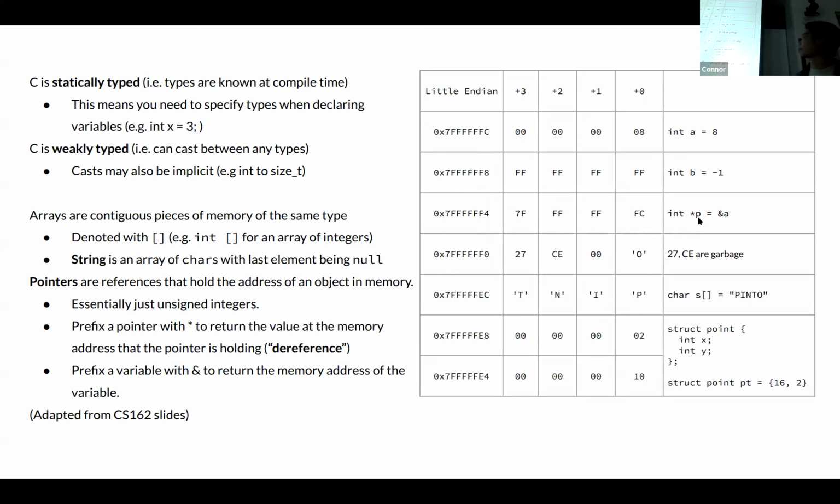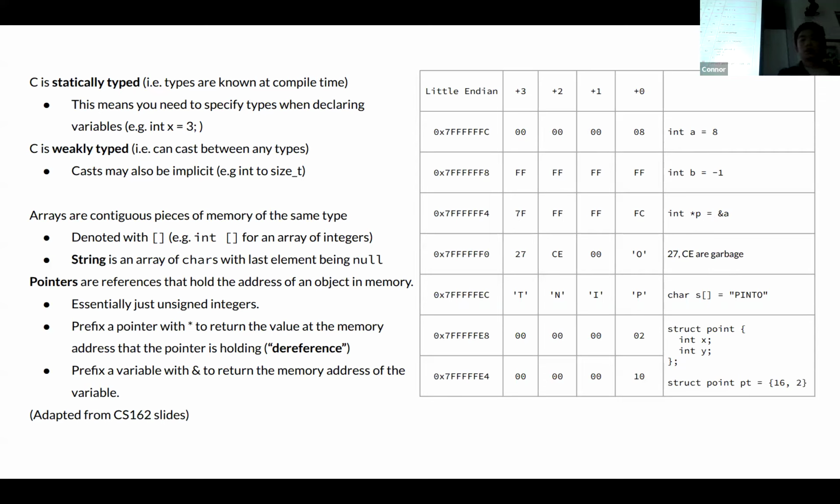In this example we have a pointer P with this value, and it's an integer pointer, so we know that this pointer points to an integer. The computer will go here and treat these 4 bytes as an integer, because integers are 4 bytes. So when we dereference this pointer, we'll get 8.